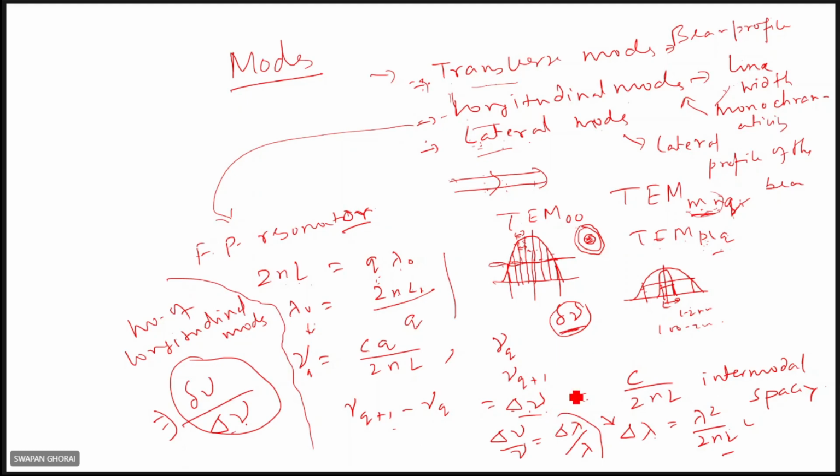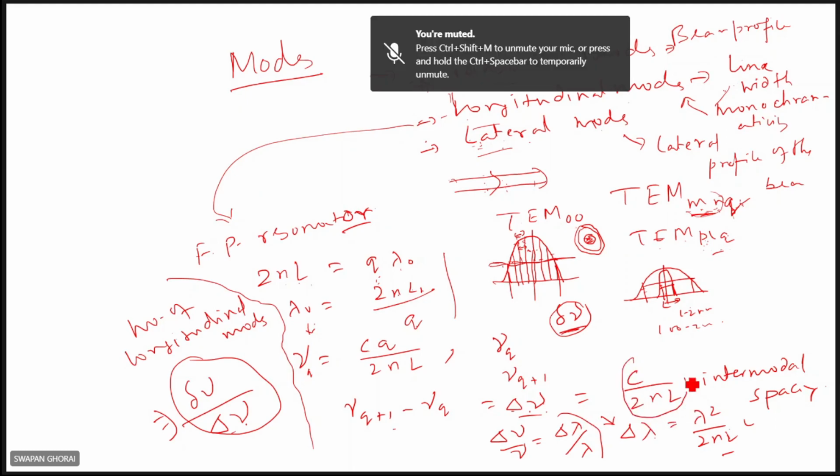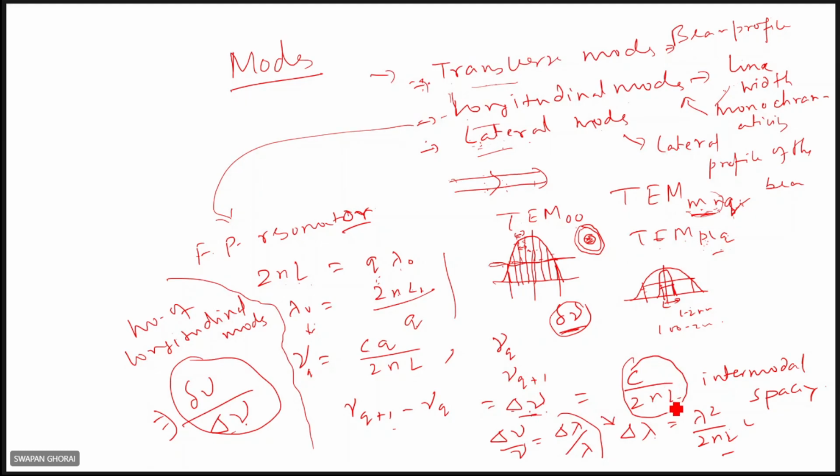If you put nu q plus 1 equal to (q plus 1)c by twice nL, and nu q equal to qc by twice nL, the q terms will cancel, and only c by twice nL will remain. So you can find the intermodal spacing if you know the resonator length and the refractive index. Once you know the intermodal spacing, you can calculate the number of modes.